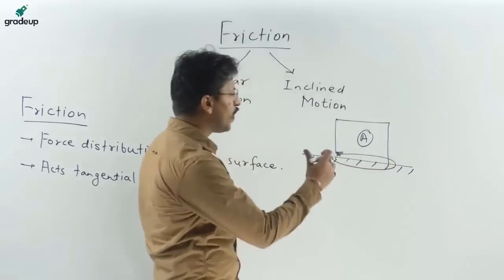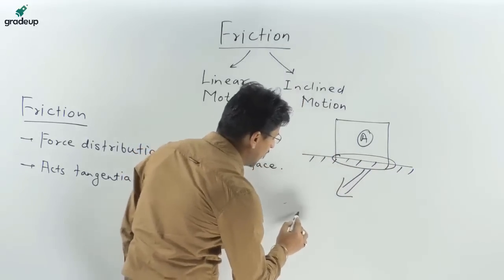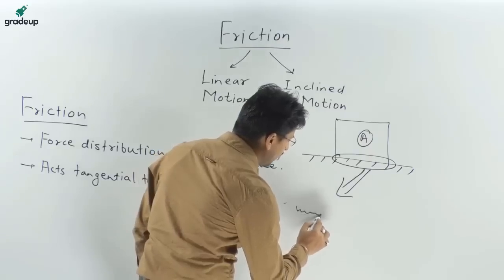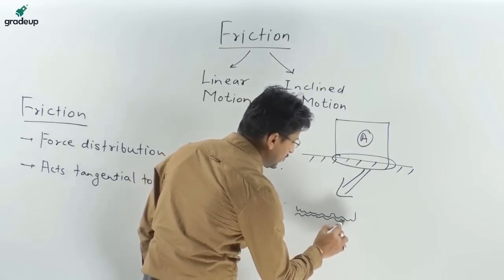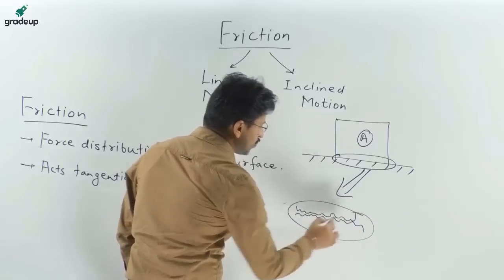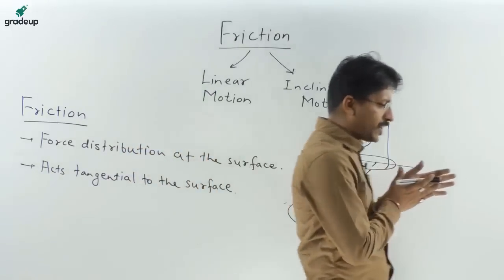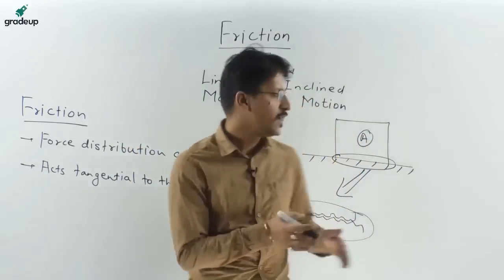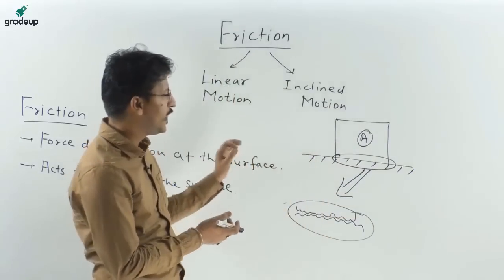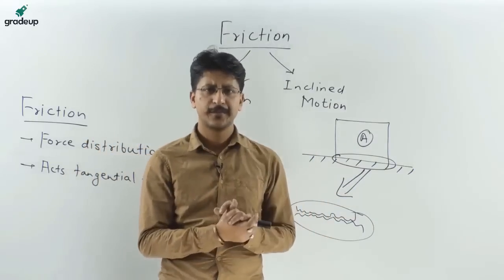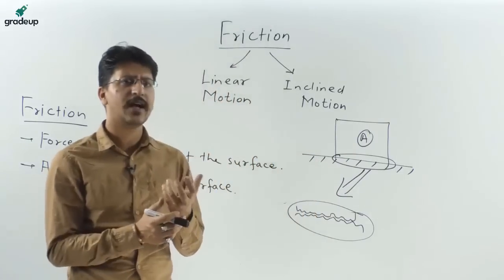But if we go into the microscopic level, if we zoom in, we will find that at the contact surface there is some kind of roughness present. This roughness causes resistance to the motion between the surface and the block, and that resistance is known as friction. Okay, so this should be clear: what friction is and what its causes are.